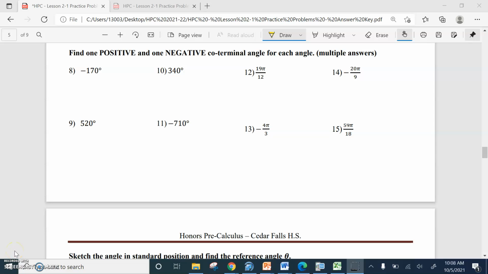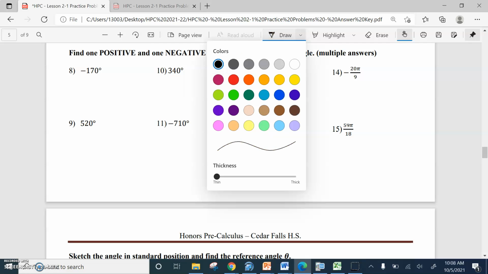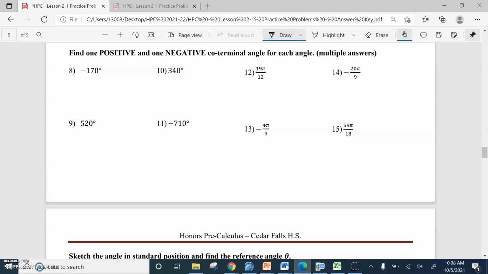All right, next up in lesson 2-2 is the concept of coterminal angles. Again, essentially what we're looking at for coterminal would just be, simply put, if I have, say, a 30-degree angle. 30 degrees is my original angle.